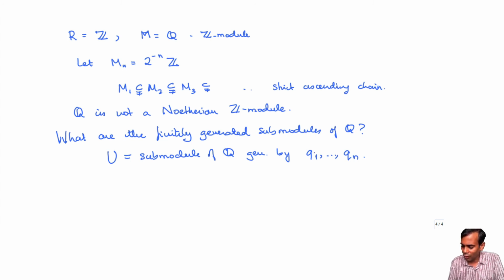Then I can multiply out all these rational numbers by some large integer, say the product of their denominators.